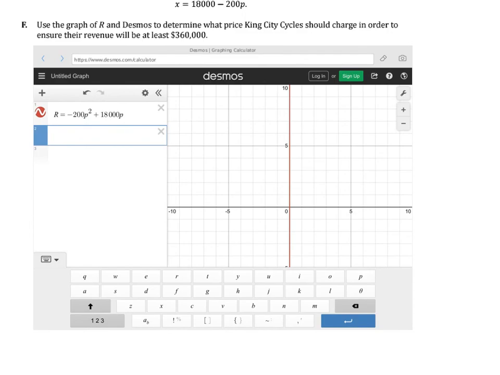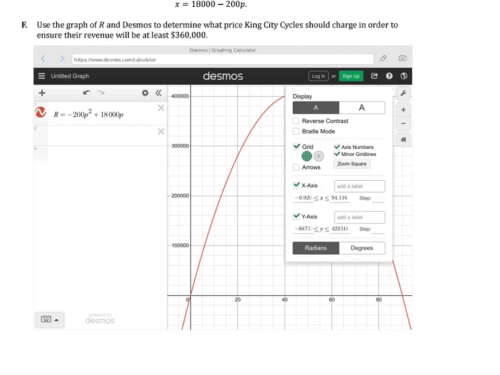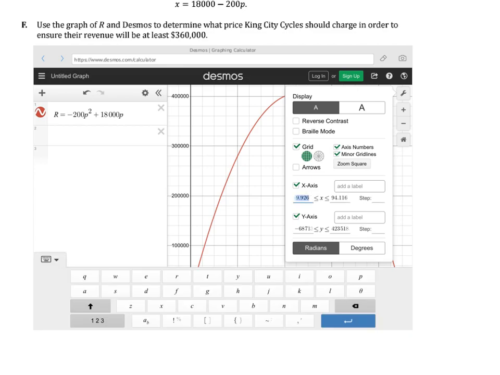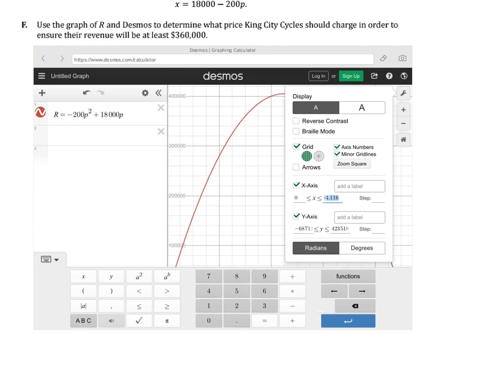And now, how do we know what our domain and range should be? We know that the minimum that x should be is 0, and then we know our maximum is 90 for our domain.